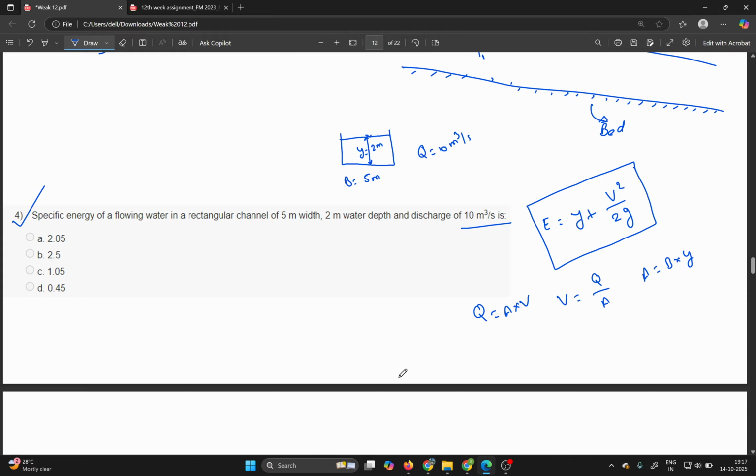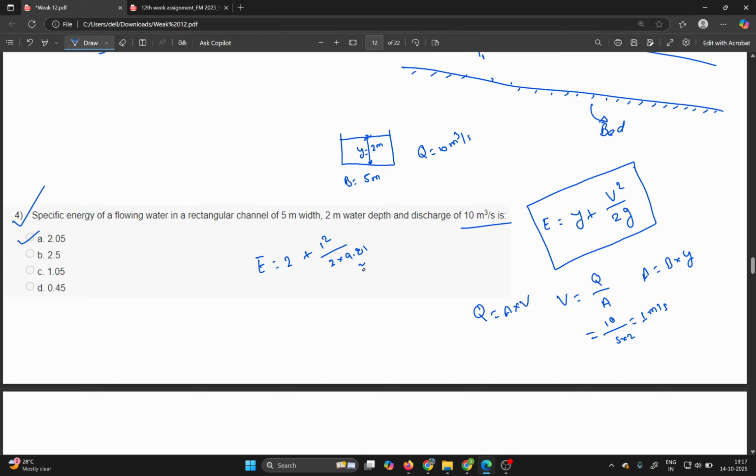I'll show you the calculation part also, don't worry. Here your velocity will be 10, which is given, divided by area, 5 into 2. So you will get 1 meter per second. Now you can calculate very easily. E is equal to y, which is 2, plus, you are telling option A, okay, let me check, 1 squared by 2 into 9.81.